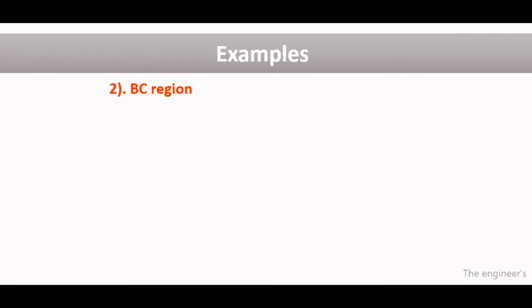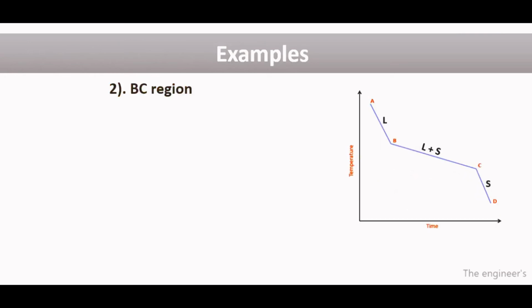Now next let's find out the degree of freedom for BC region. How many phases do we have in BC region? Obviously we have two phases. There is liquid plus solid present. Now tell me how many components do we have? At BC region we have liquid plus solid. As we know, molten metal and solid material chemical composition and material structure is totally different.